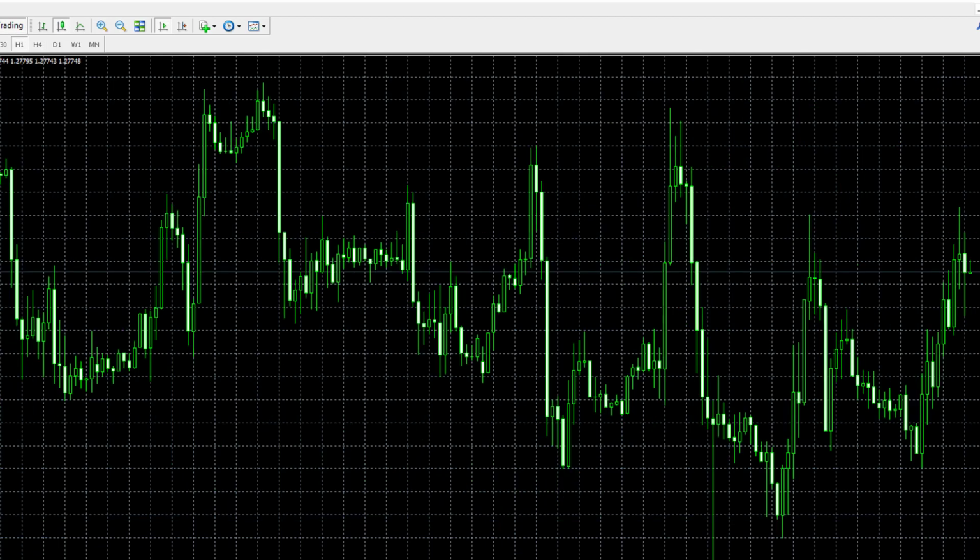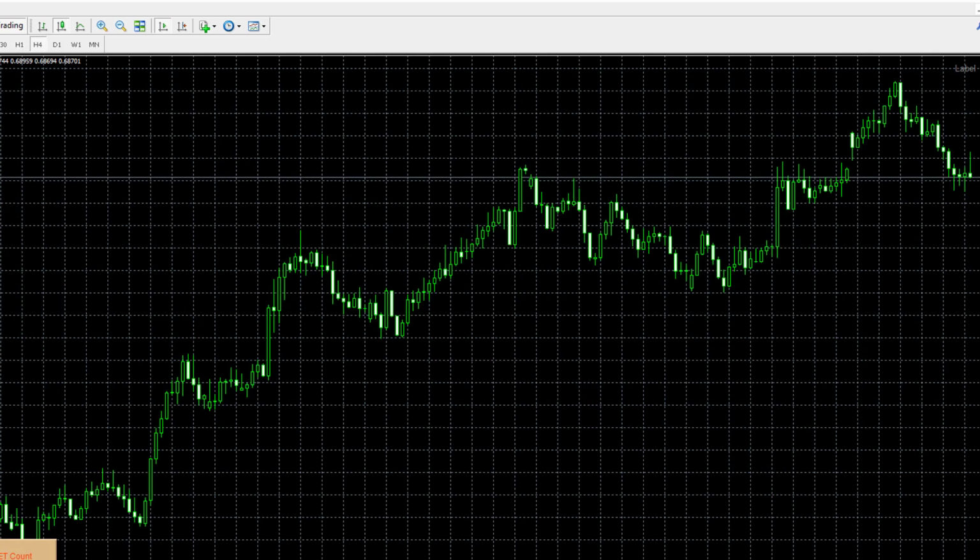Pound US dollar, yeah, it's still in that channel there. The New Zealand US dollar started to break, so if we put in a trend line here, which we will, let's add in our trend line there, and there's our support.